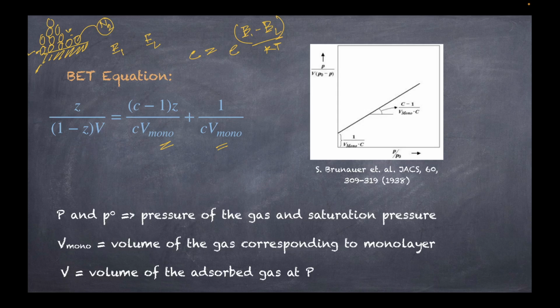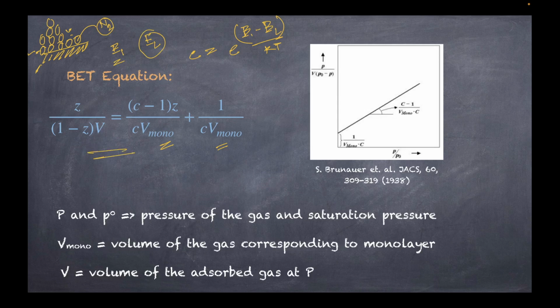So for all layers apart from the first, that means second, third, fourth, fifth, we assume the interaction is equal to the heat of liquefaction or vaporization, and the heat of adsorption for the first layer is E1. So E1 is different and EL is different. C is a constant, and this is the BET equation.